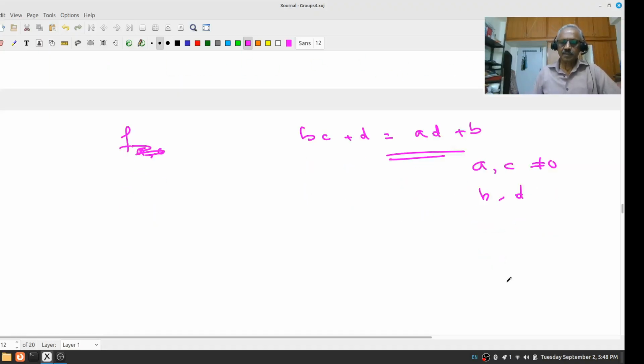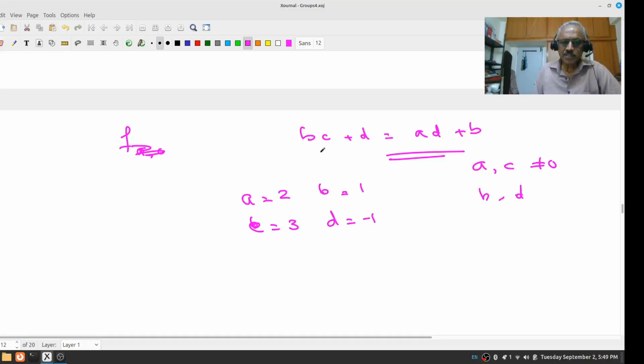So you can just take something arbitrary. For example, let me take a equal to 2 and c equal to 3, and b equal to 1 and d equal to minus 1. Just something arbitrary.